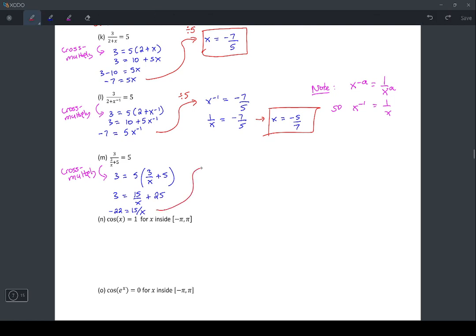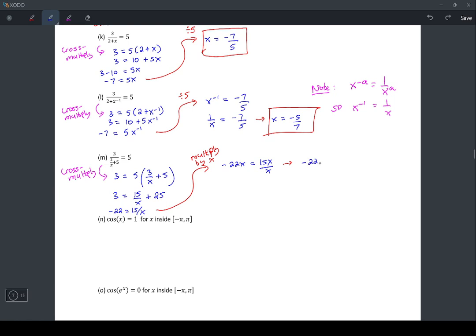I'm going to continue up above. Let's cross multiply by x. So we have negative 22x is equal to 15x over x. X's cancel on the right.